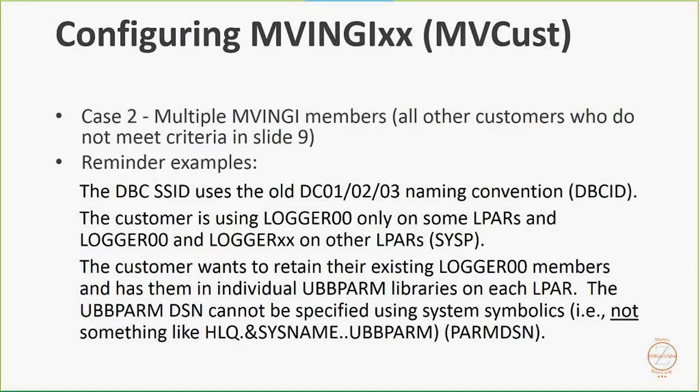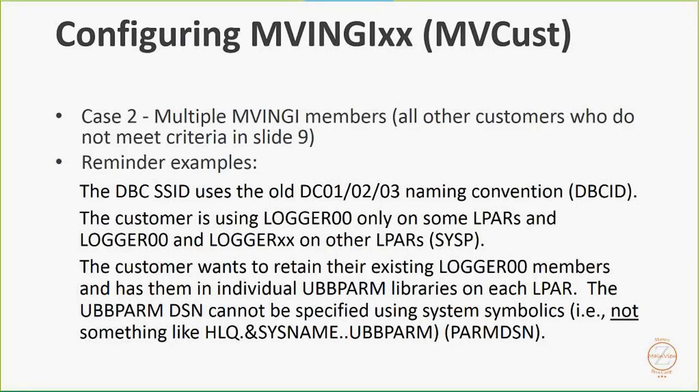However, there are plenty of cases where you're not going to be able to use a shared member. And that is whenever you can't meet this criteria, back on slide 9 in the first section, right? So what kind of situations? You've got DBC SSIDs that don't fit into the DC ampersand sysclone model. You've got multiple SYSPs that are different on each LPAR. You're going to be using the UBB PARM libraries, and there's no way of specifying them in a regular manner such as HLQ.&SYSNAME.UBBPARM.